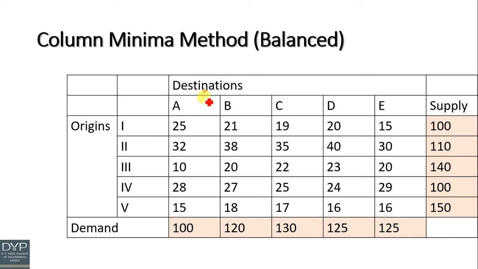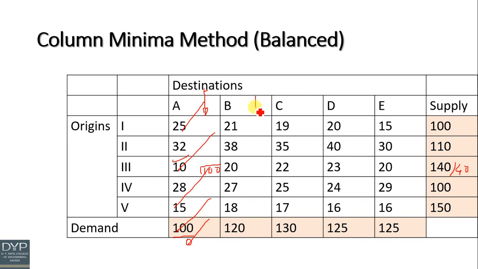Now the first column is this A. In this column, find the minimum cost cell, which is 10. So assign the minimum of 100 and 140, which is 100. So now this becomes 0 and the supply remaining is 40. Now this column has been fulfilled, so I am removing the column.